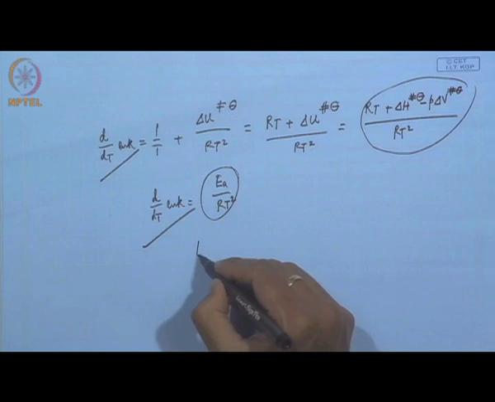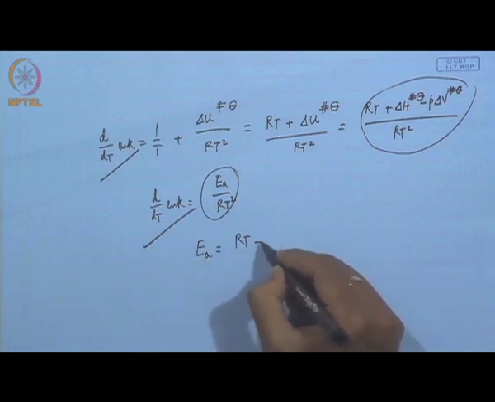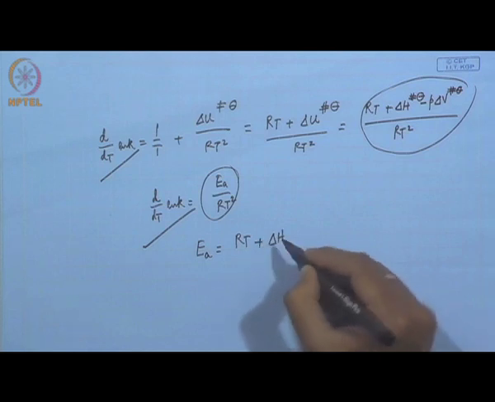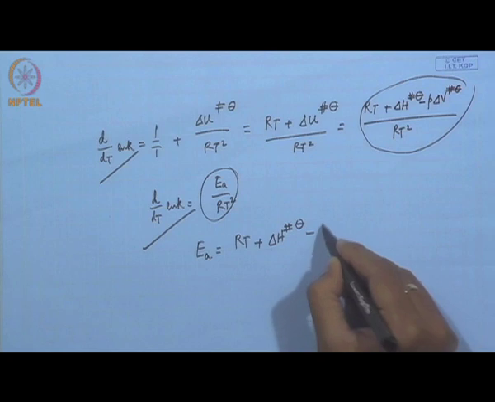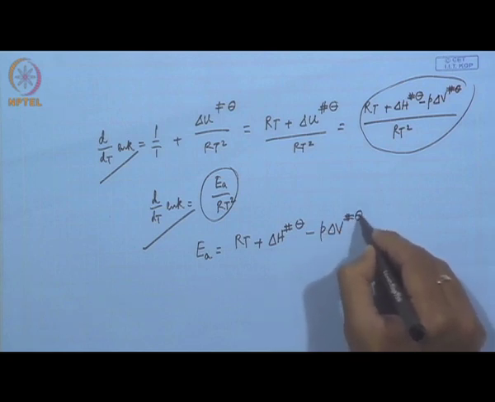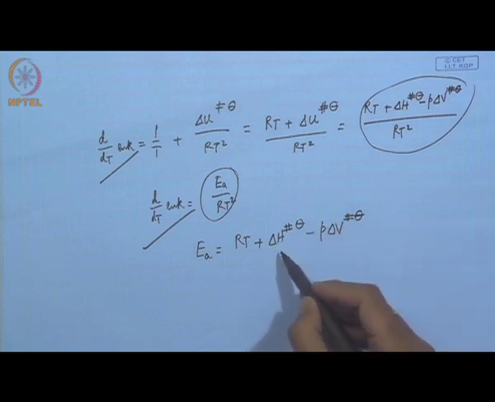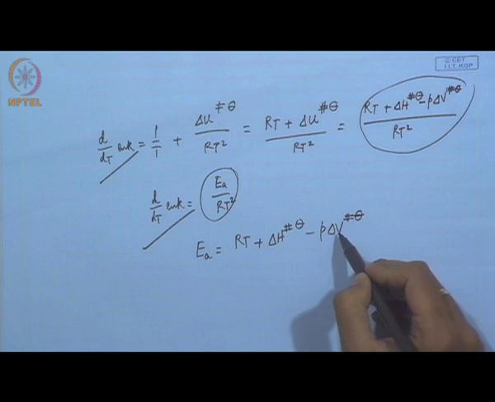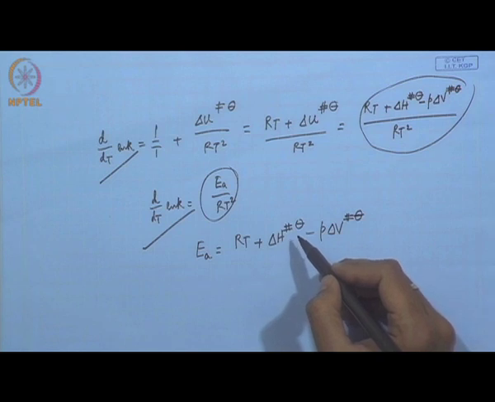That EA is equal to RT plus ΔH‡0 bar minus PΔV‡0 bar. Okay. So, this is the enthalpy of activation, this is the volume of activation, the standard volume of activation, and this is the standard enthalpy of activation.